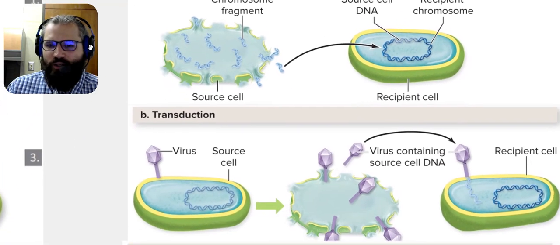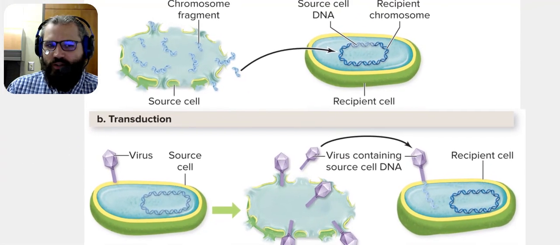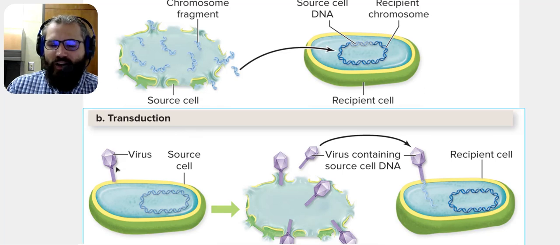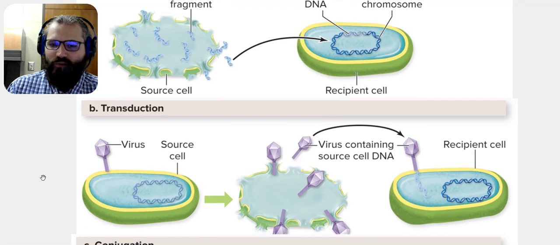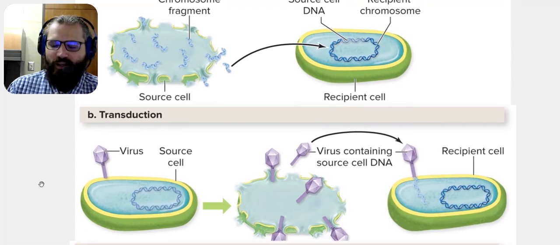When we talk about transduction, here all of a sudden we're talking about a virus infecting a source cell, and in the process of that infection, incorporating part of the DNA of the source cell into the newly assembled viral particles, right? So that arrow here considers attachment, penetration, synthesis, assembly, and release.